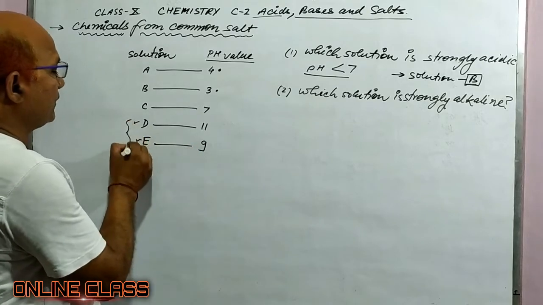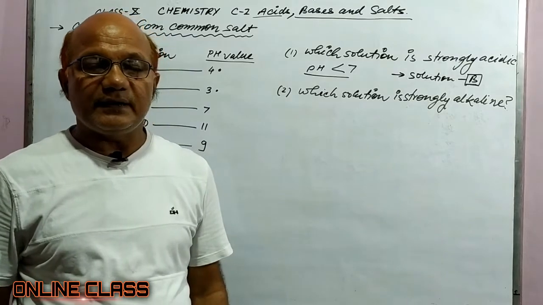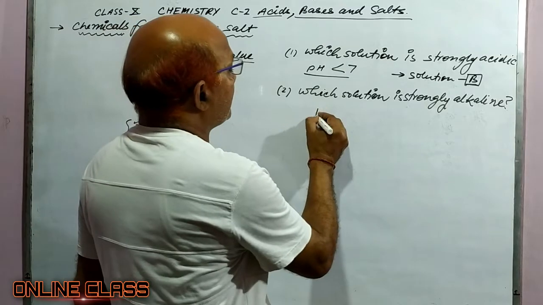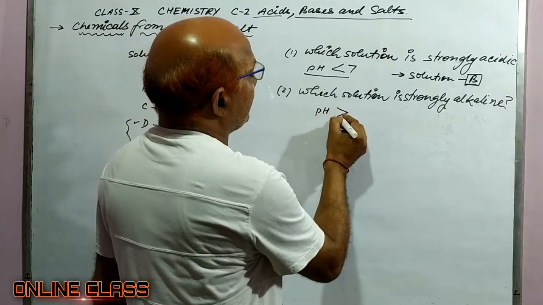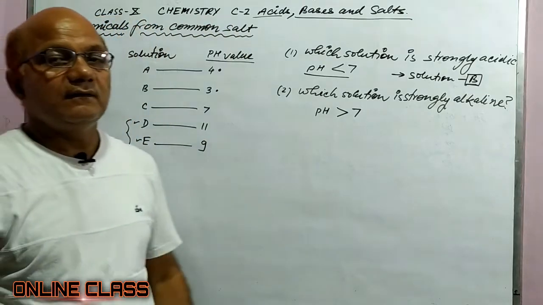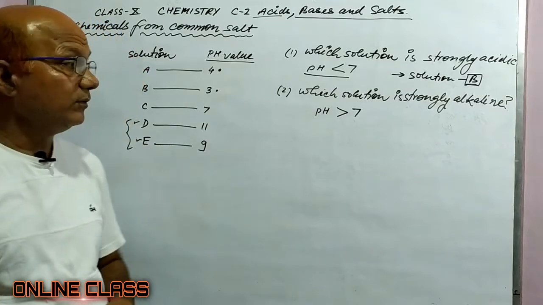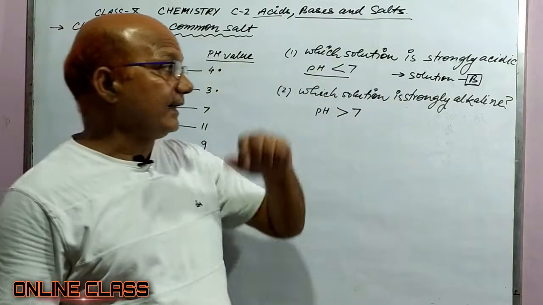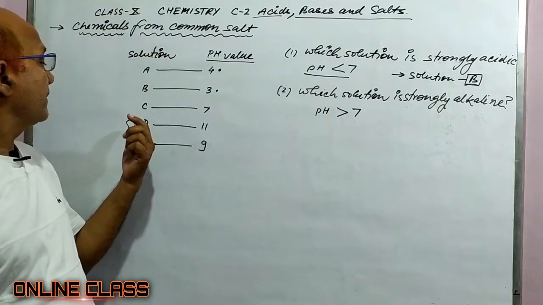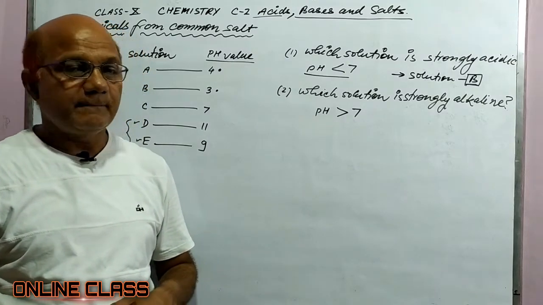So, these two solutions have pH value greater than 7. It means these two solutions are alkaline in nature, or you can say basic in nature. So, which solution is strongly alkaline? So, surely the answer will be D or E out of these two solutions. Okay.